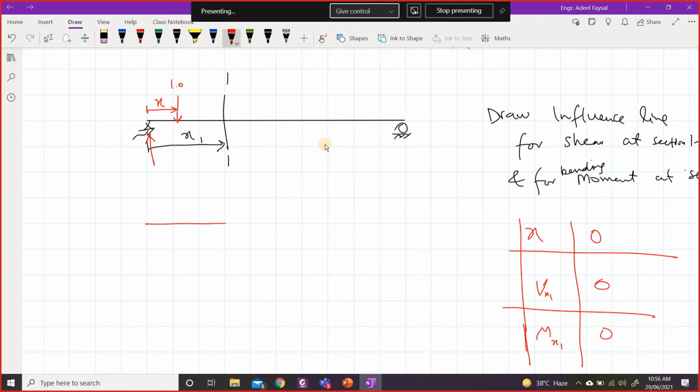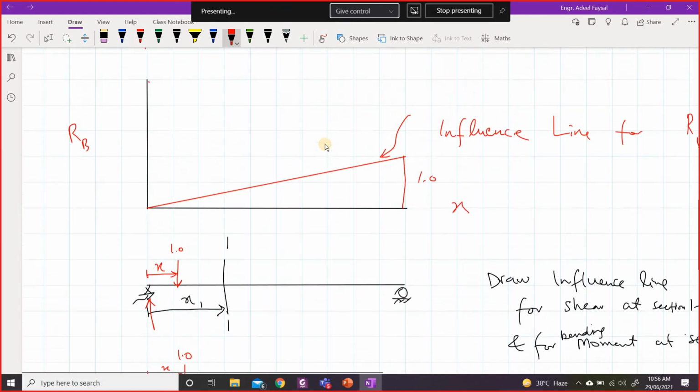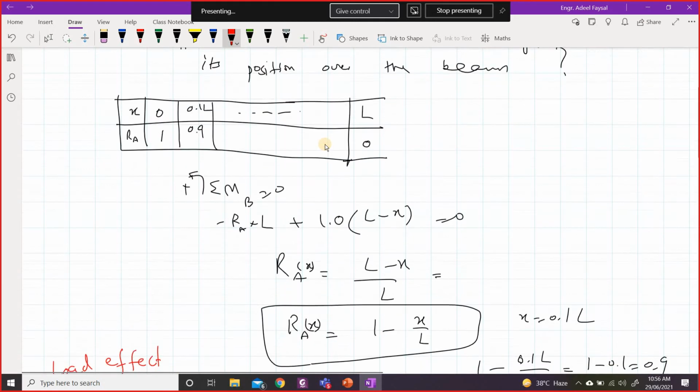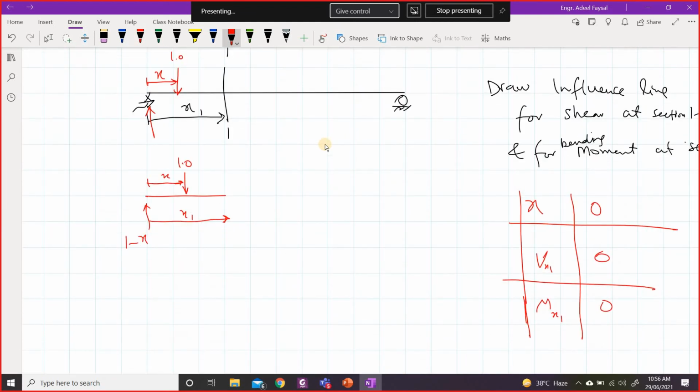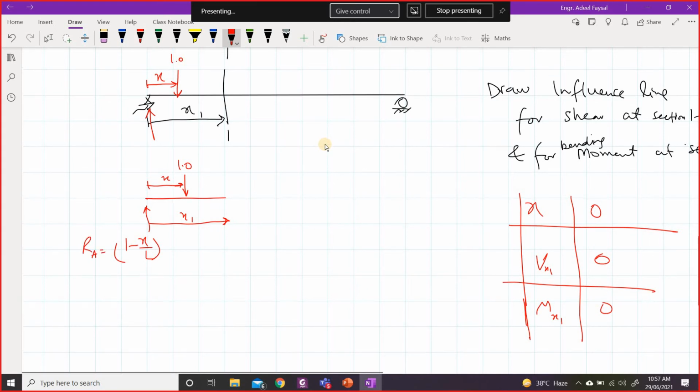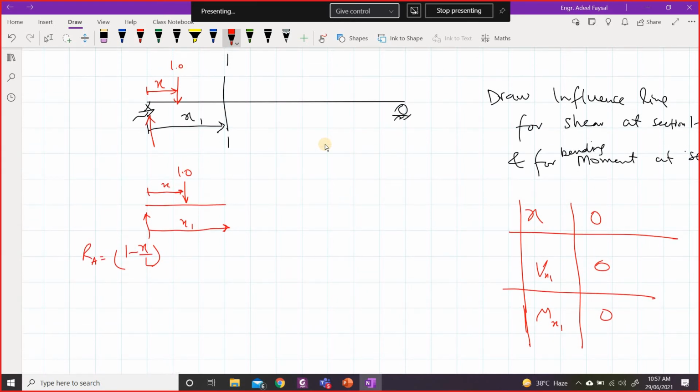You have this load 1.0 at distance x, and then this is x1. There is a reaction over here, RA, and we have seen that this reaction would be equal to 1 minus x over L. We have just verified this in our previous discussion. Okay, so what next? You need to know shear at this location and bending moment at this location.